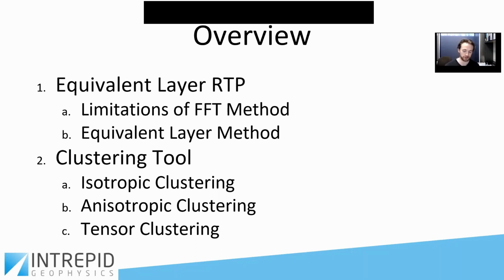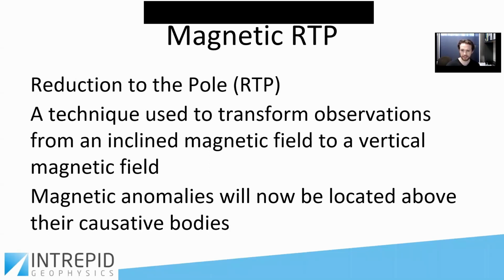And then I'll start to go into detail about how it works and the results that you might expect from it. And then after that, I'll be going on to the clustering tool, talking about the different options for that, the isotropic, the anisotropic, and the tensor clustering. So let's get into this.